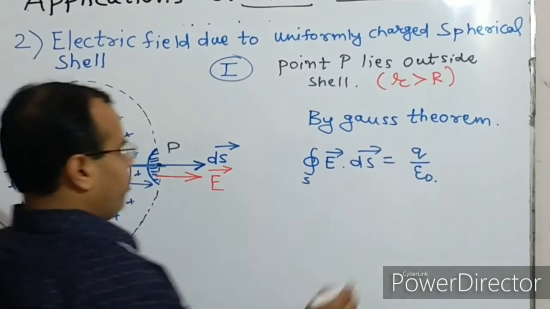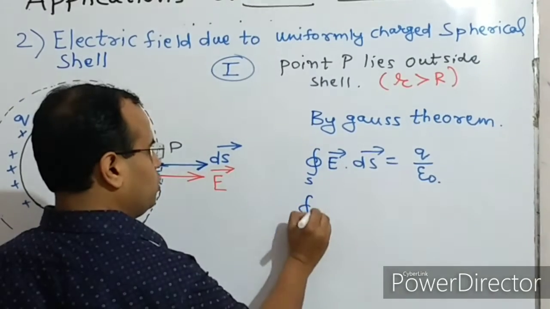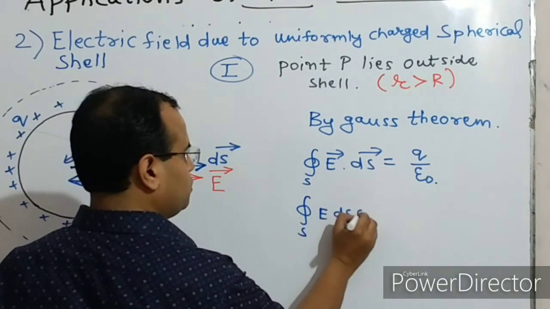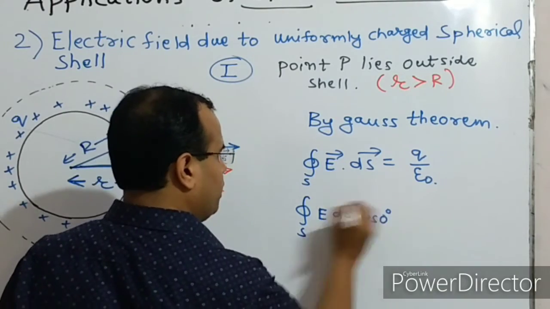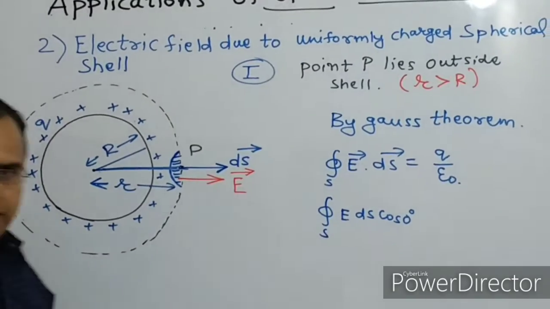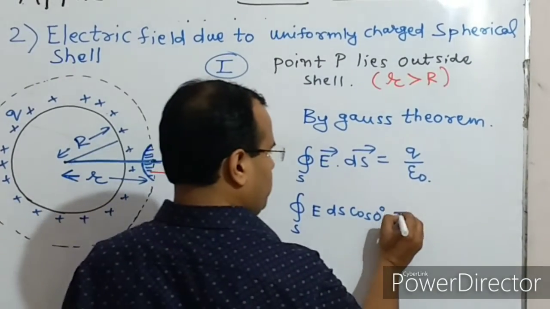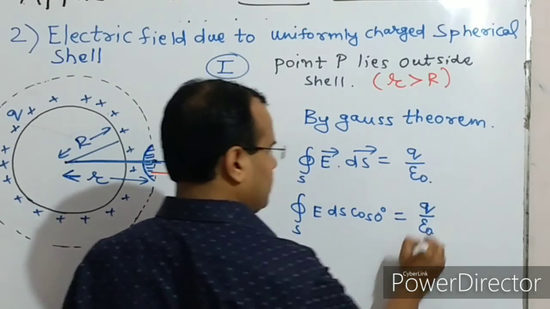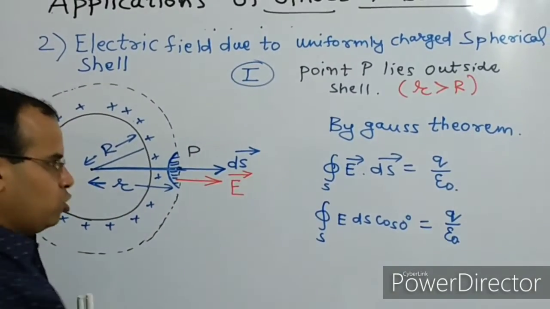Now you can see here that this is closed surface integral E ds cos 0 degrees. Why? Because E vector and ds vector are both acting in the same direction. Cos 0 is 1.